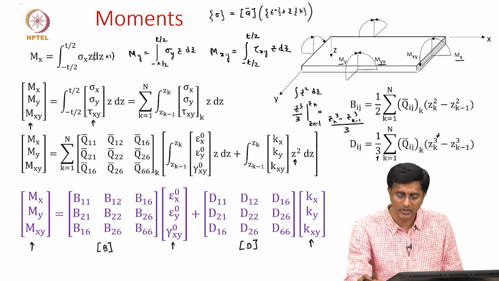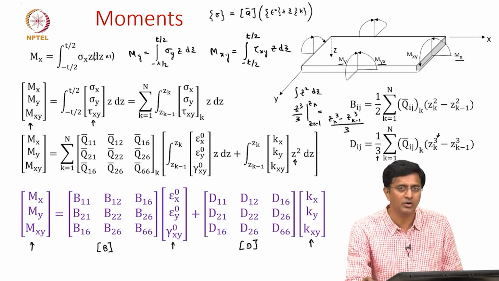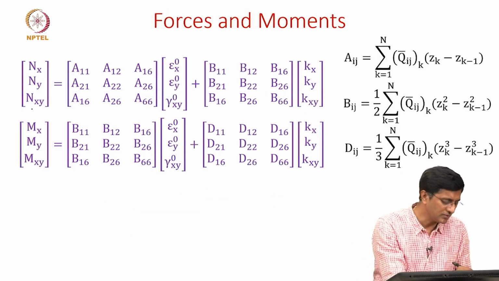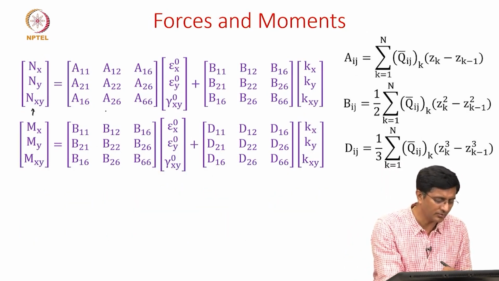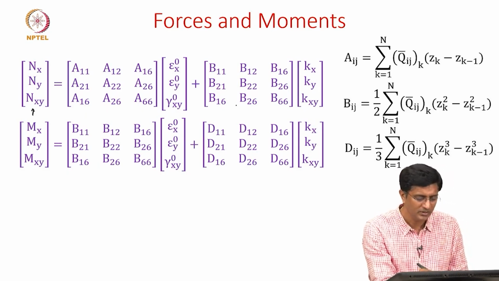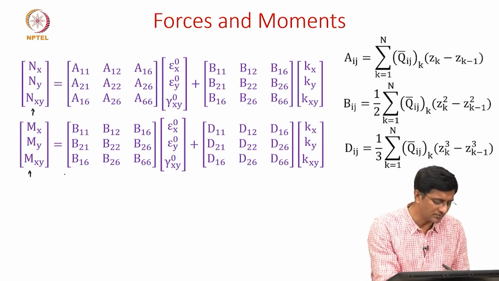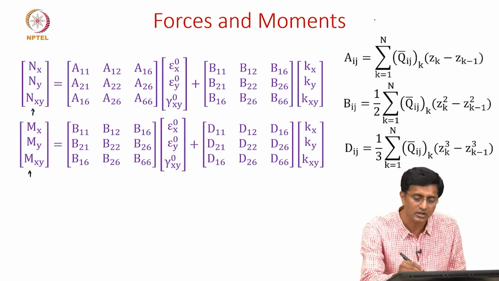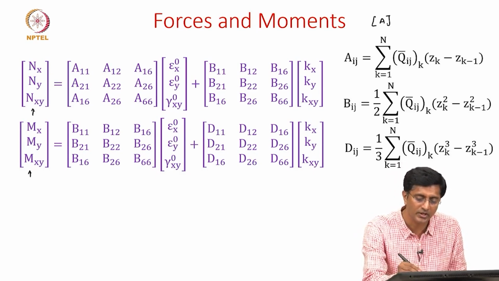So in summary, let's see what we have learned till now about the forces and the moments. For the forces, we said we are writing in terms of the matrices A and B. For the moments, we are writing in terms of these matrices B and D. So these are the commonly termed A, B, D matrices.